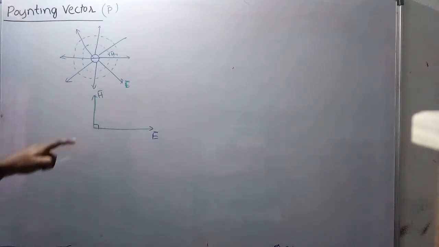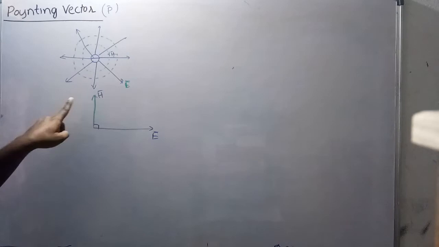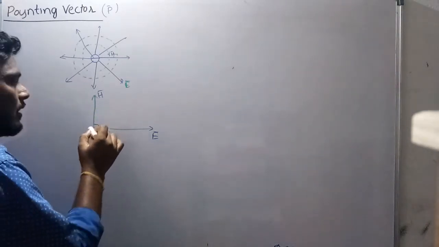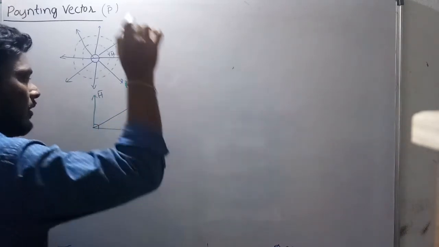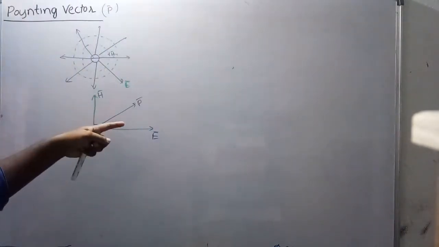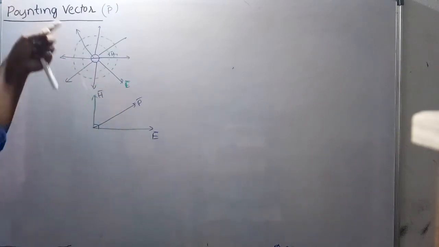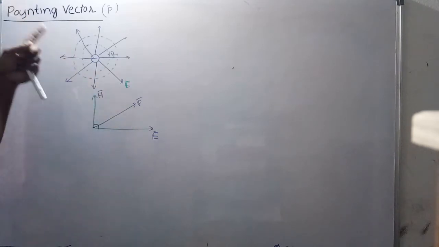Now the resultant of electric and magnetic field, that is the electromagnetic wave, is perpendicular to the plane containing these two vectors. That means the other perpendicular direction to these two vectors is this one, that is represented with another letter, P bar, and that is your Poynting vector.